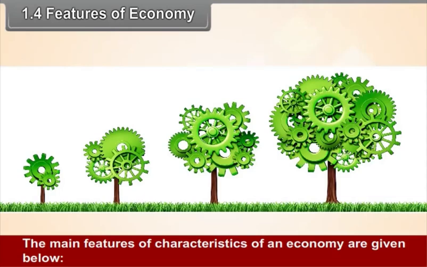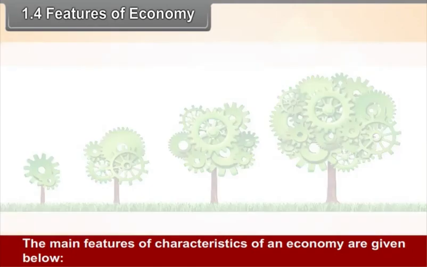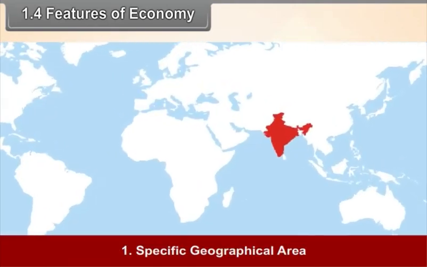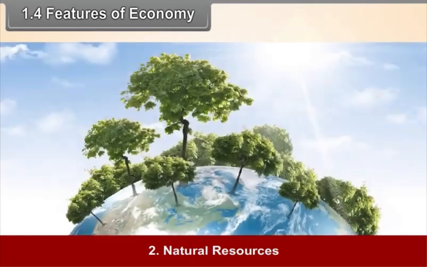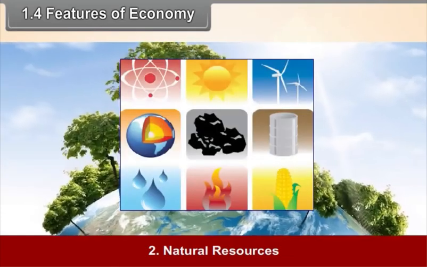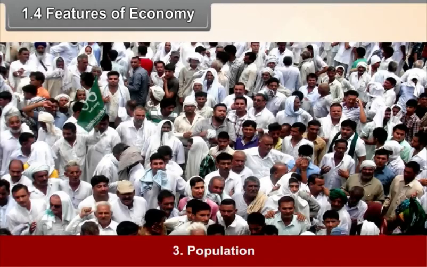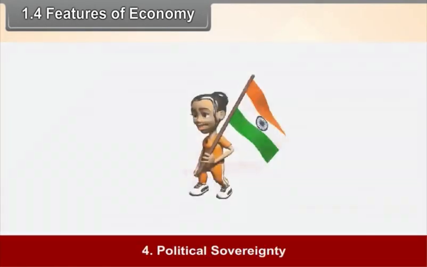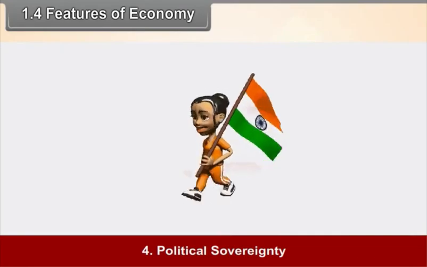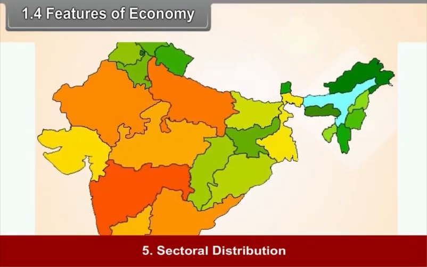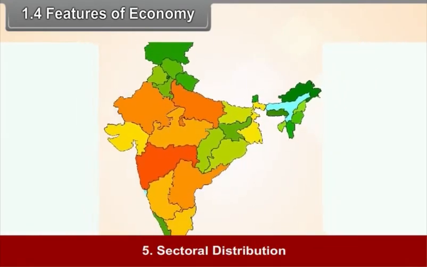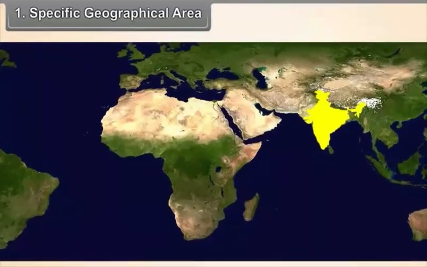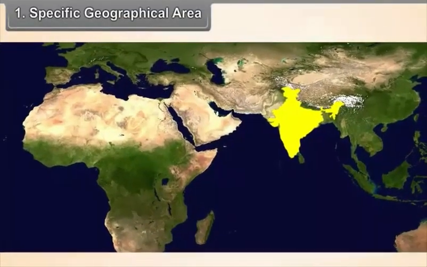1.4 Features of an economy. The main features or characteristics of an economy are given below. 1. Specific geographical area. 2. Natural resources. 3. Population. 4. Political sovereignty. 5. Sectoral distribution. 1.